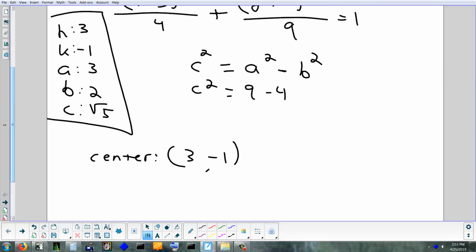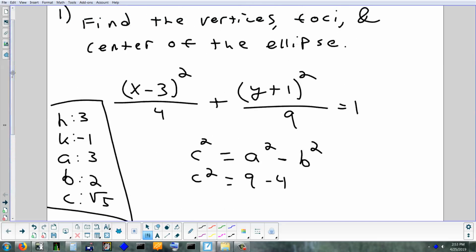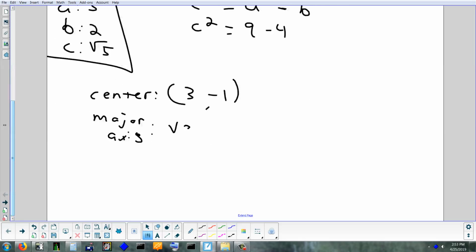They didn't ask us to find the major axis, but you kind of need it to figure that out. Which way does the major axis go in this ellipse? Vertical. You always look at where the bigger number is. The bigger number is under y in this case, so the major axis is vertical.